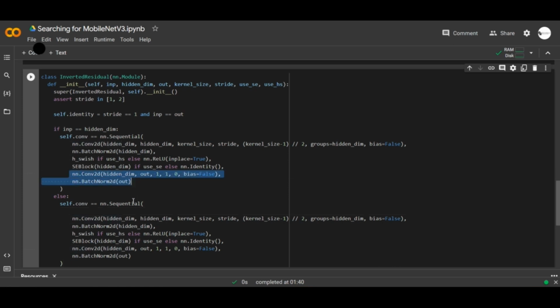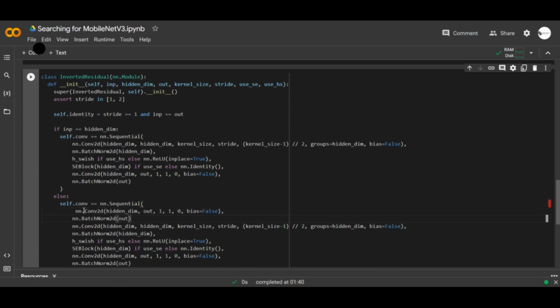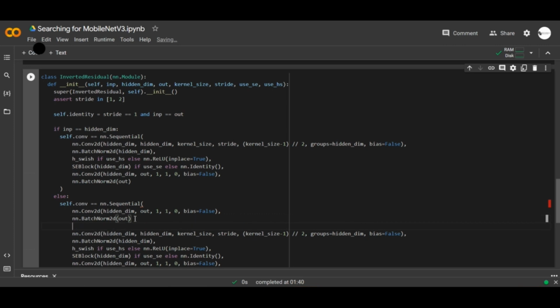Because we need a pointwise here. I was supposed to comment all of this. I feel like it might be confusing. Then I'm gonna copy this, because I'll just use relu, just copy it here.